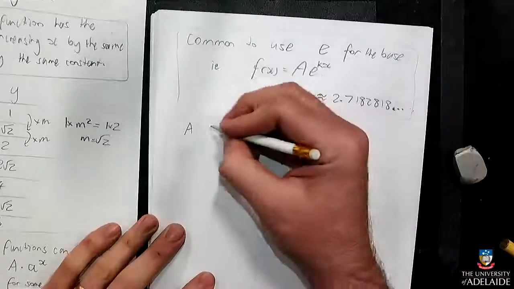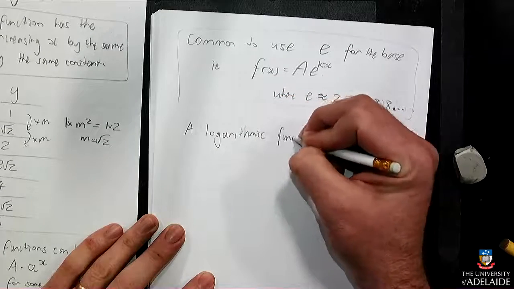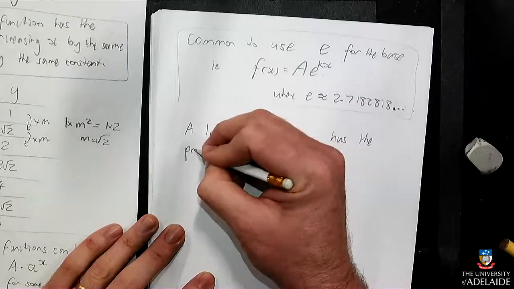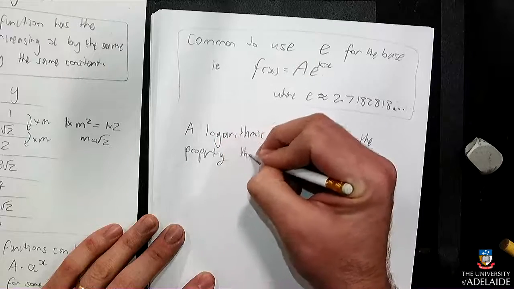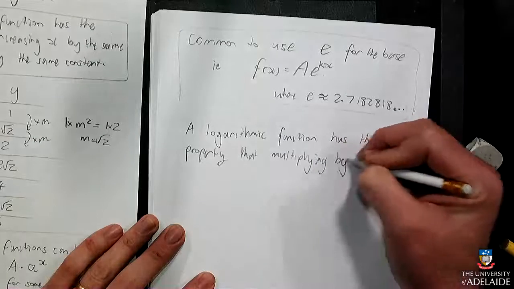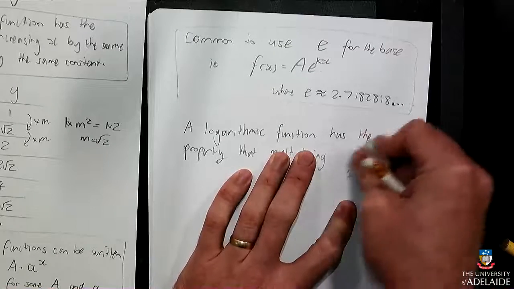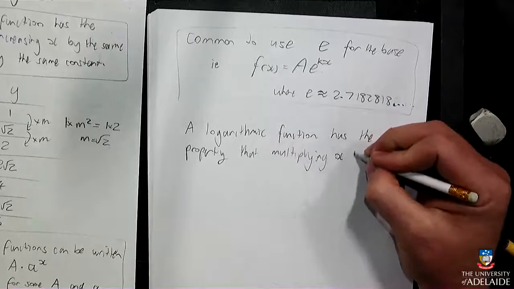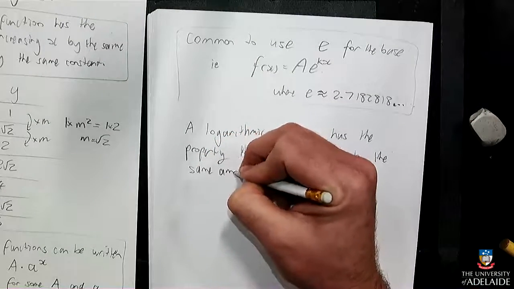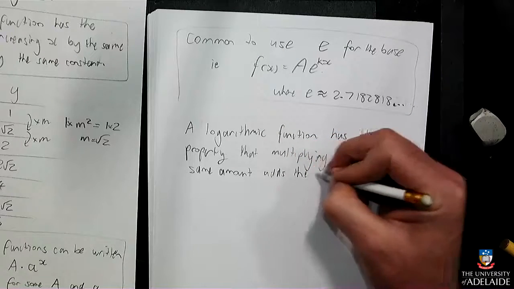So a logarithmic function has the property that multiplying x by the same amount adds the same constant to y.